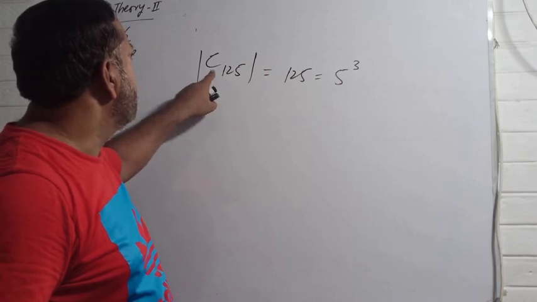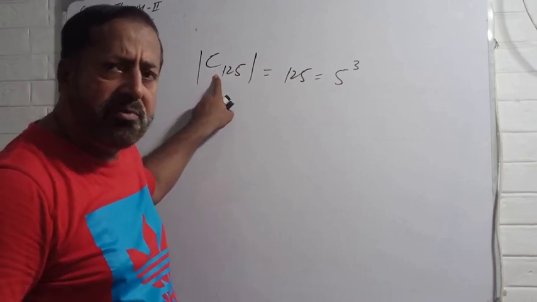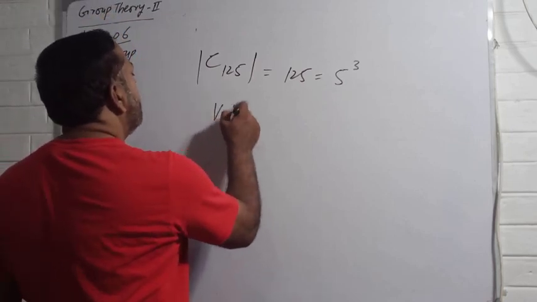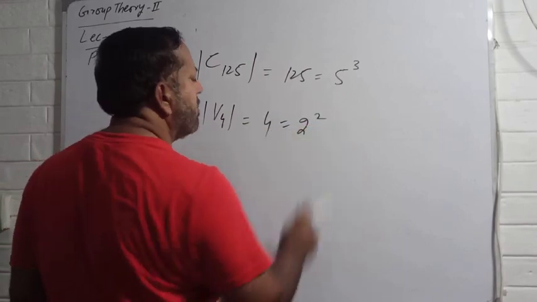It's a cyclic group of order 125. That's it. V4 has order 4, which is 2 squared. This is also another 2-group.